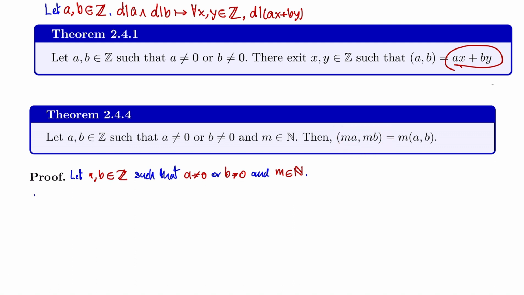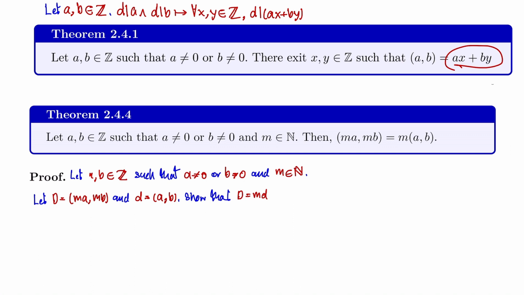So let D be the greatest common divisor of ma and mb, and let small d be the greatest common divisor of a and b. And what do we have to show? We have to show that D equals md. That's what we have to show.